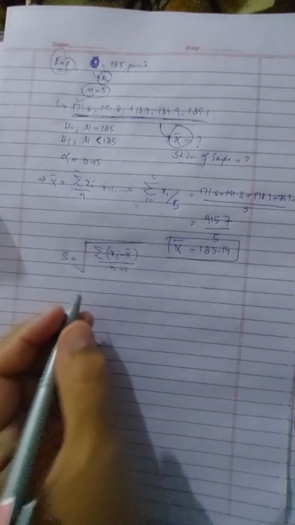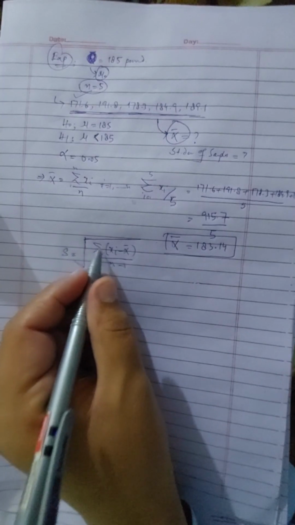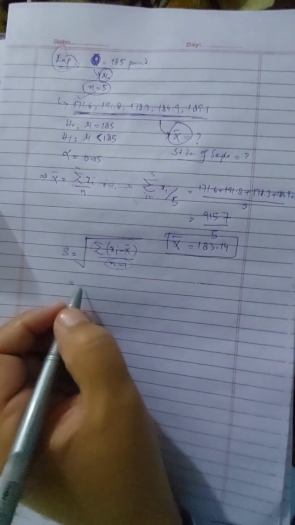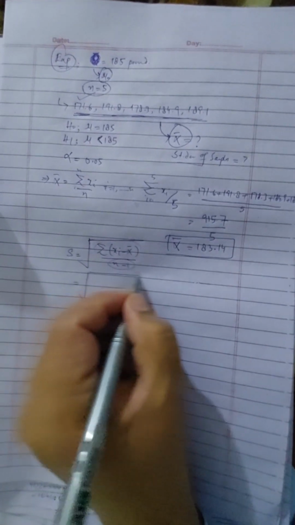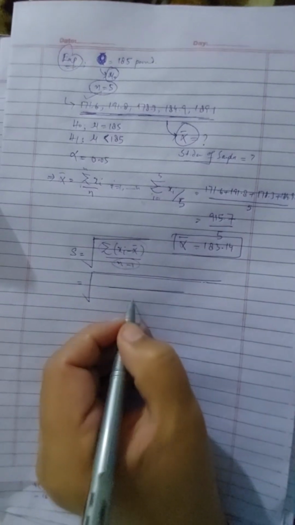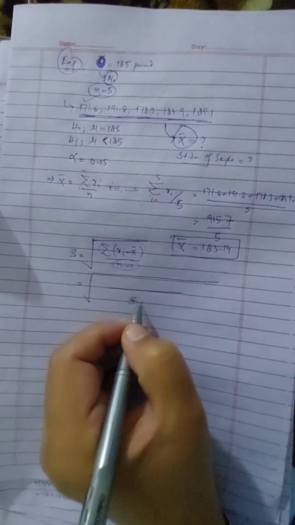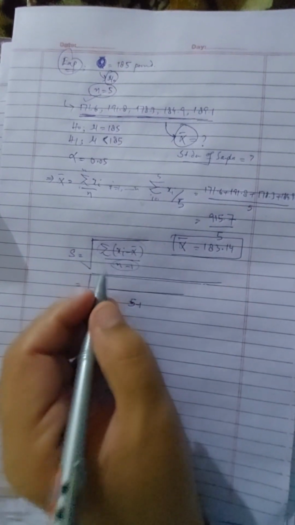Let's calculate the upper value first, then divide it by n minus 1, which is 5 minus 1, and then take the square root of it.